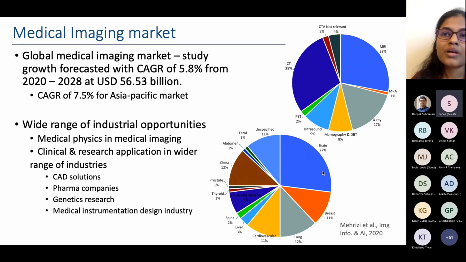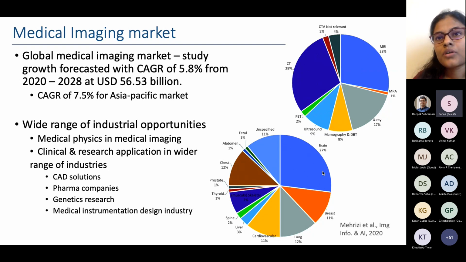If we look at the Asia Pacific market alone, the growth rate is going to be about 7.5%. You will also have a wide range of job opportunities in industry, starting from medical physics in medical imaging, like the medical scanner vendors. The main players in this area are Philips, Siemens, GE Healthcare, Canon, Hitachi, to name a few.